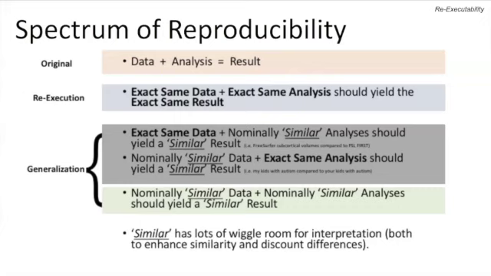A good result about the particular patient population that you're claiming had better hold in similar data of that same class, or else there's an issue with the way you're naming that class of subjects that you're using. So overall, a true result should hold up under similar data and similar analyses, and generate that similar type of result.